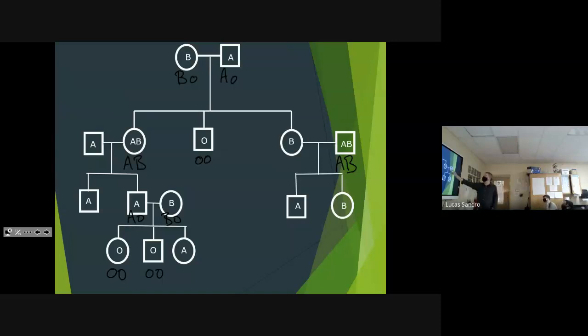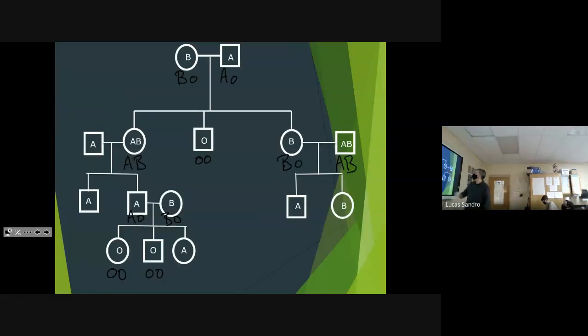How about, can we do this, kid? Kid/mom? Not from here, but from above? How does that set of parents have a type B kid? Can she be this? No, because where would the other B come from? There isn't one. So clearly, she's not that.